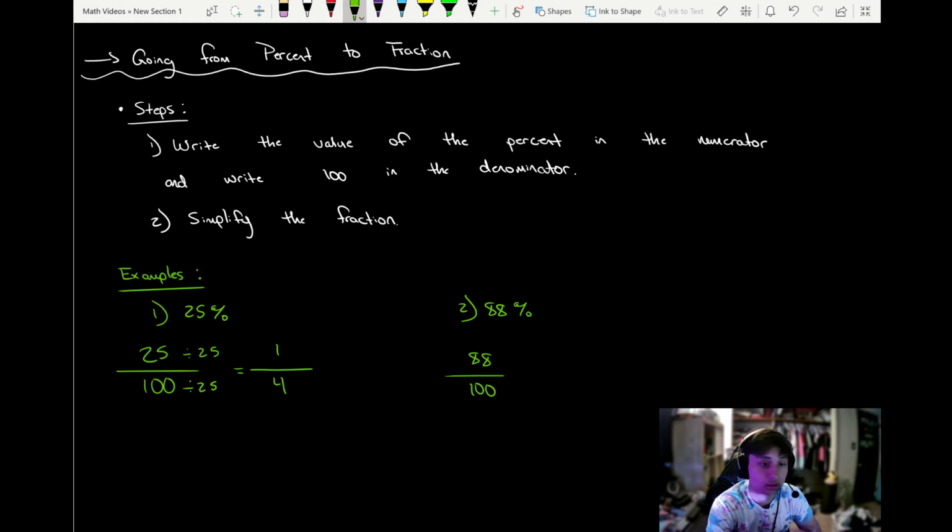In other words, we can divide the top and bottom by 4. 88 divided by 4 is 22, and 100 divided by 4 is 25. And that's the simplified fraction and how to go from percents to fractions. Alrighty, now you're going to try two quick examples like this.